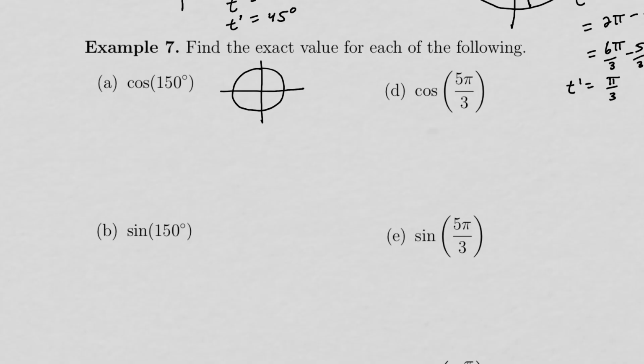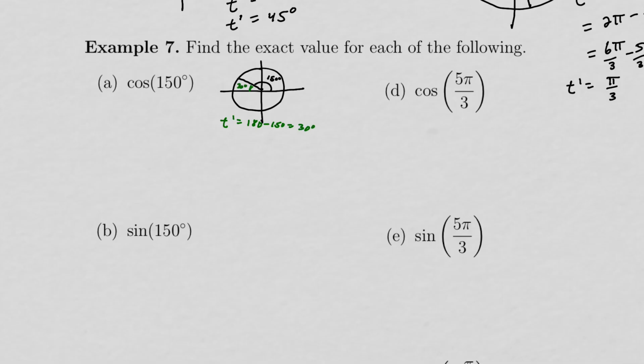Okay, so 150 is somewhere in the second quadrant. This is 150, so this is the reference angle. And to find it, remember I can just say it's 180 minus 150, which is 30 degrees. So the angle that makes with the x-axis is 30 degrees.